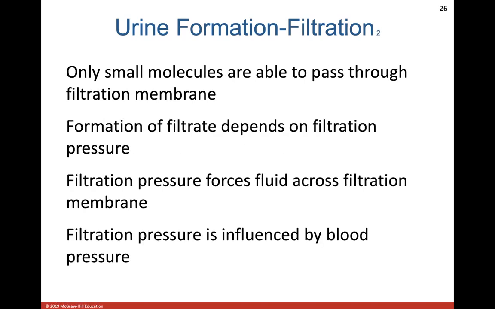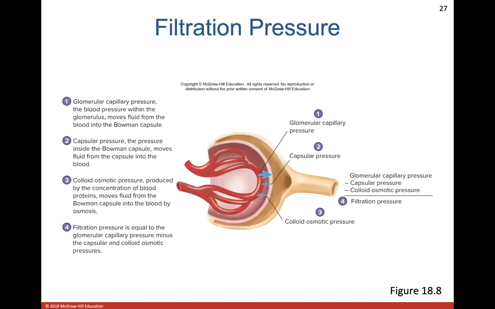Like I talked about before, only molecules that are small enough to pass through the filtration membrane will, and the formation of filtrate depends on the filtration pressure, or the pressure of blood bringing blood into the Bowman's capsule. The filtration pressure forces fluid across that filtration membrane, and filtration pressure is always influenced by blood pressure. And this just shows the influence of blood pressure.